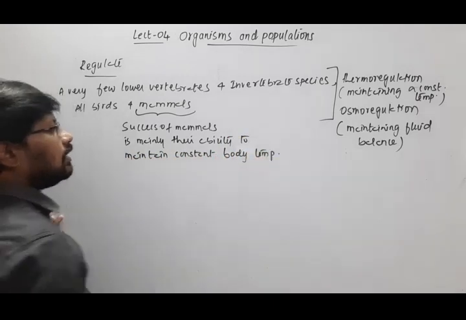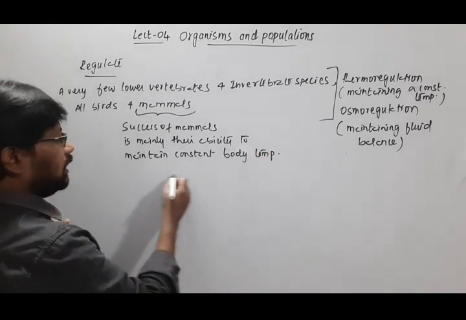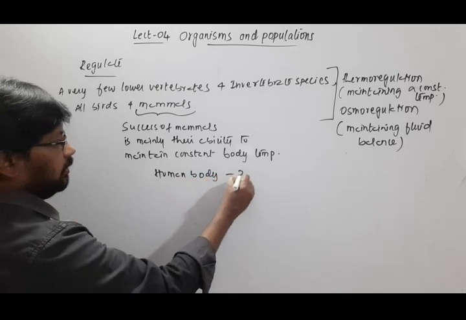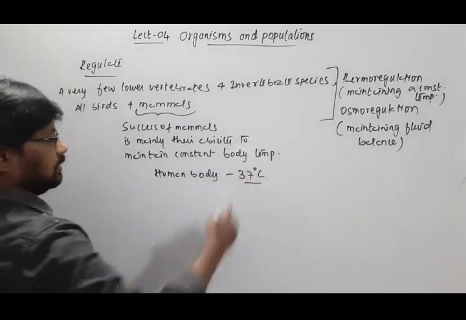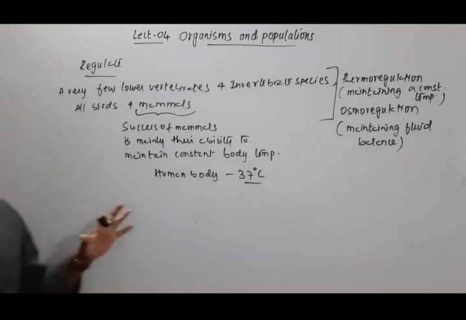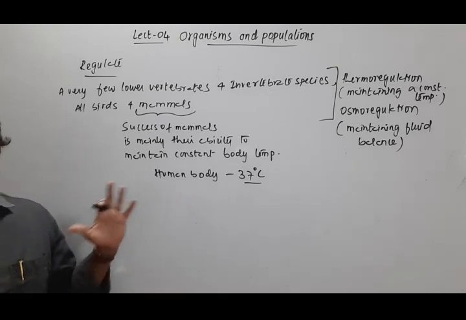Here, I'll take the example of human beings. In human beings, body temperature will be around 37 degrees Celsius, and humans will be maintaining this 37 degrees Celsius mostly.